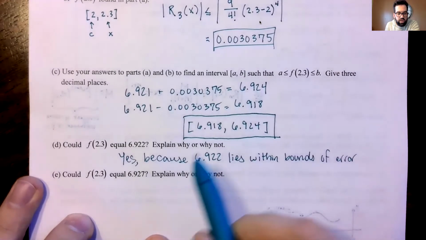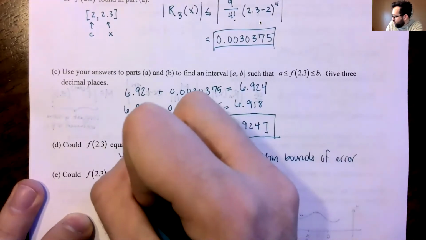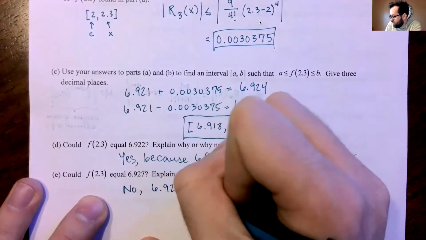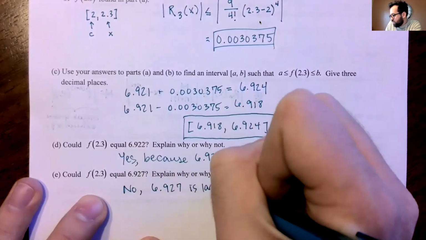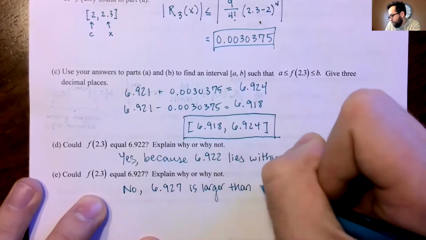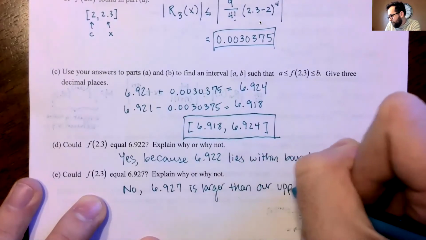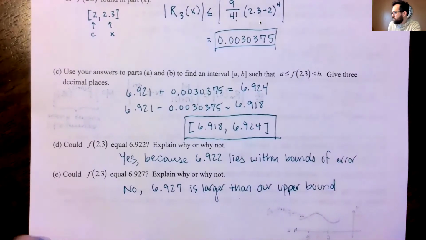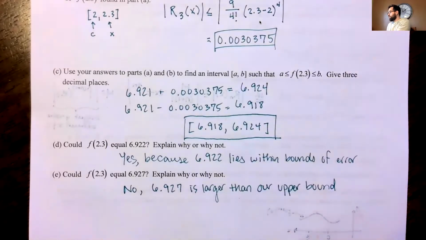Could f of 2.3 equal 6.927? No. 6.927 is larger than our upper bound. All right, hopefully that makes sense. Let's keep going. We've got one more example here, example 2.